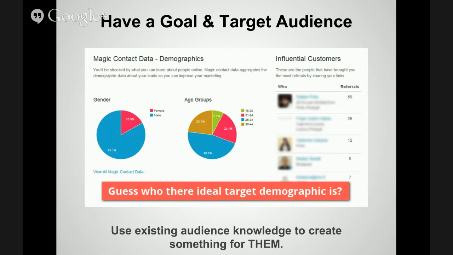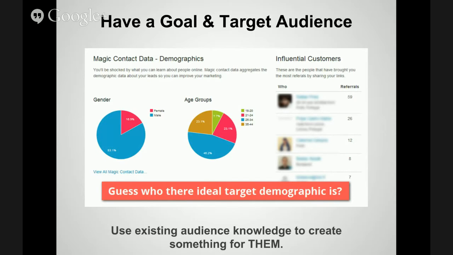You can see in this case the customer's signup is 83% male, primarily between the ages of 25 and 34, and then we link to some influential customers on the right side of our screen. What you can do is start clicking through and seeing more information about each of the customers, and you want to look at the people who are your most influential customers and say, what do I know about them? What would they value? What would they share? What would they like to win?